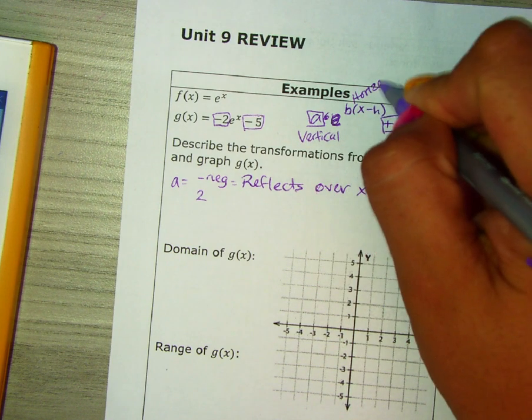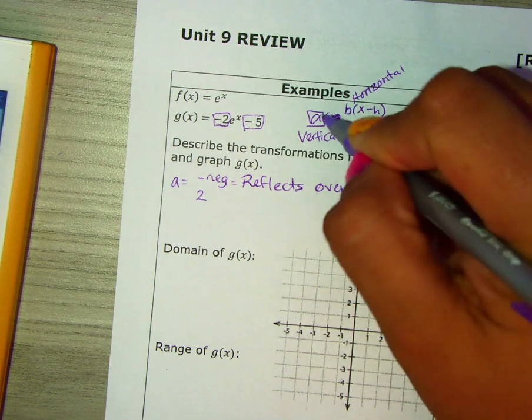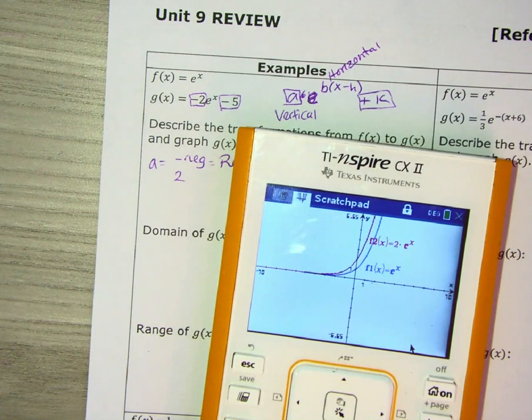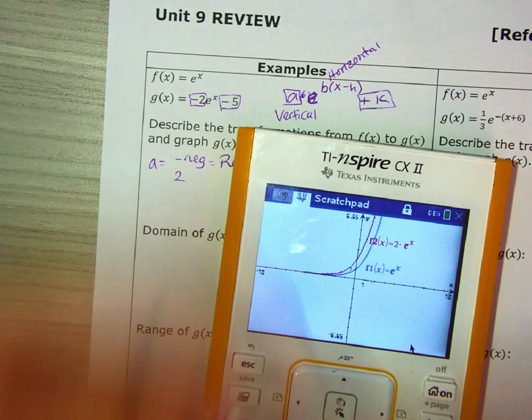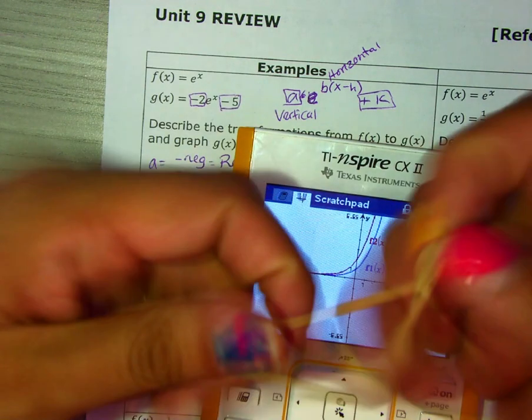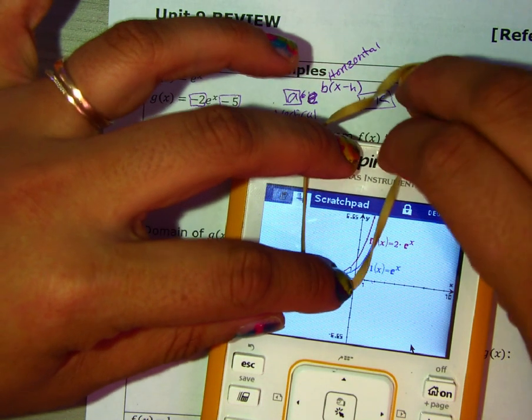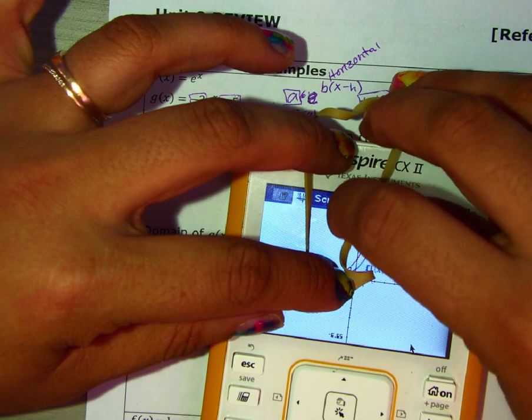So because the a is on the front, it's an a value, we're going to say it vertically either stretches or compresses. And with a rubber band, we can see how this original graph, the blue one, will have to be stretched vertically and not compressed.